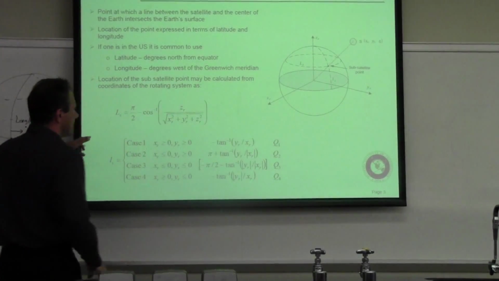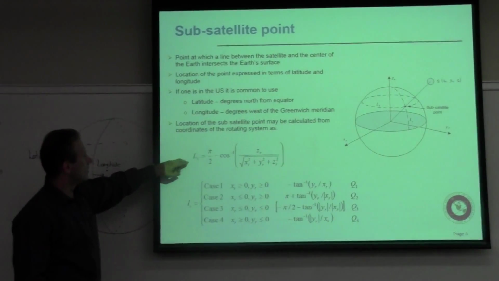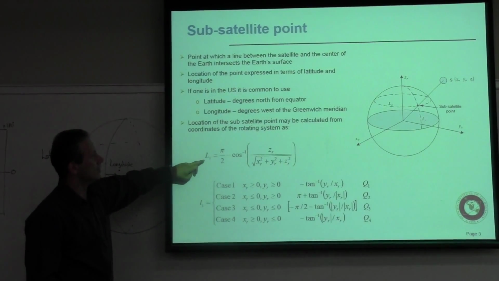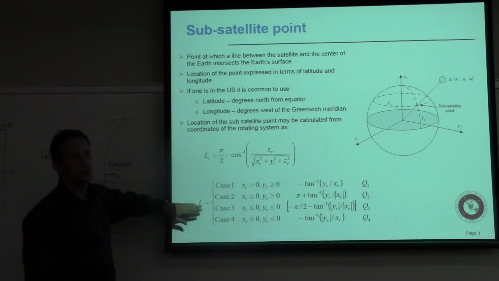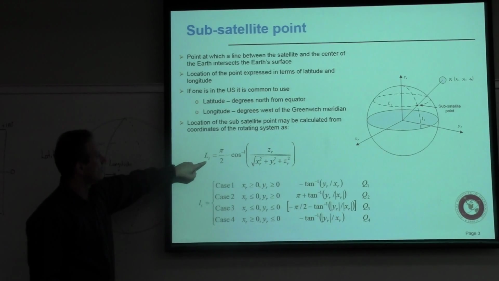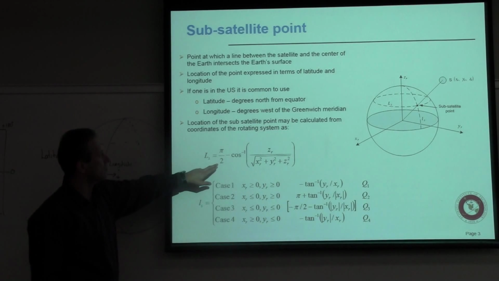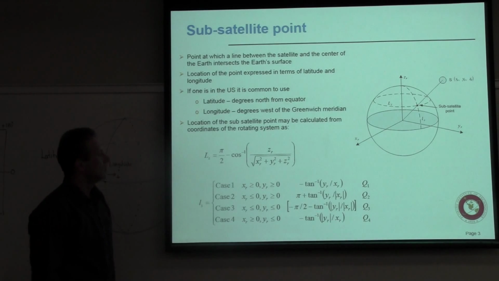You have this one here that says this is the latitude. The latitude in your book uses a capital letter and longitude uses a lowercase letter. So the latitude of your subsatellite point is given as pi over 2, or 90 degrees, minus inverse cosine of ZR over the radius, right? So that's the location of the latitude.